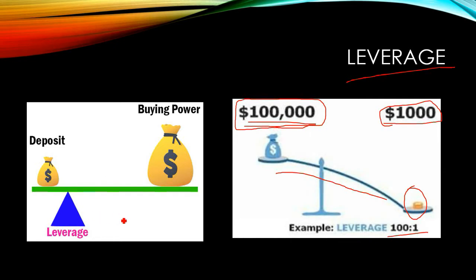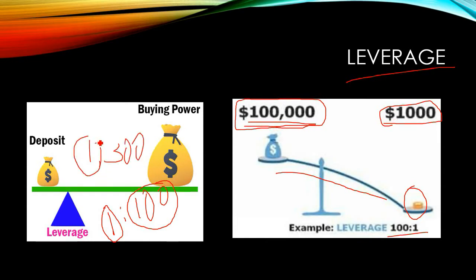If the broker says we provide 1:100, it means if I deposit $1, they will allow me to trade $100 in their account. If it is 1:300, it means if I deposit $1, they allow me to trade $300 in their account. So this is called leverage.